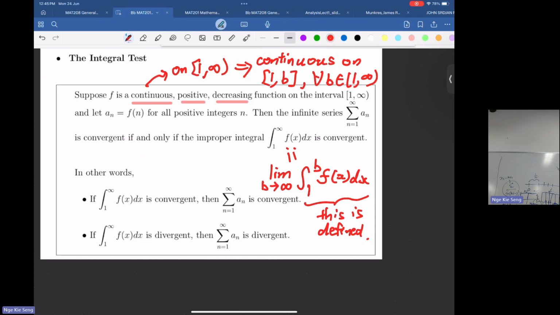These are exactly the points that f would take. Here we get A1, so f(1) is A1, f(2) is A2, and then A3, A4, A5, A6, and so on. Okay, so you continue, right?